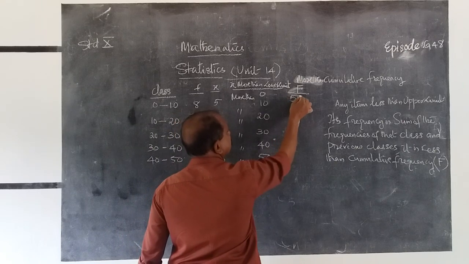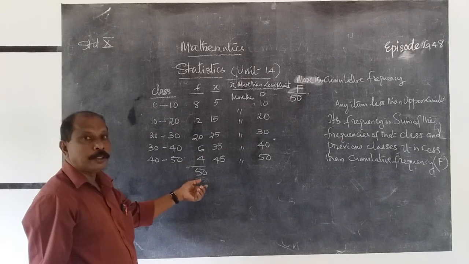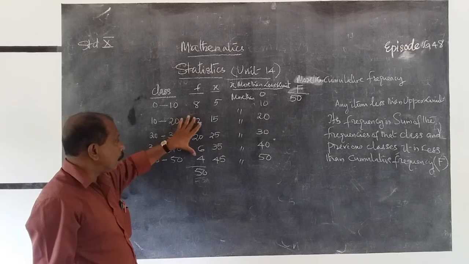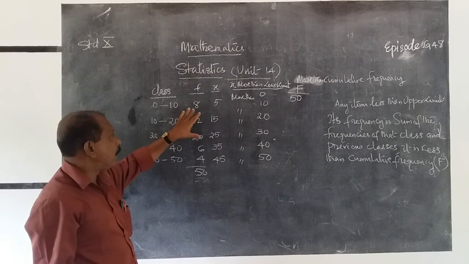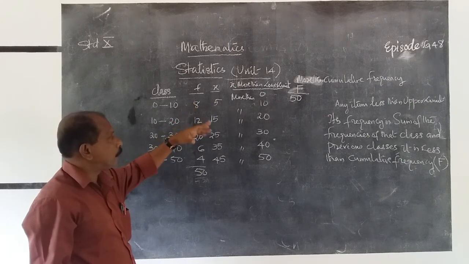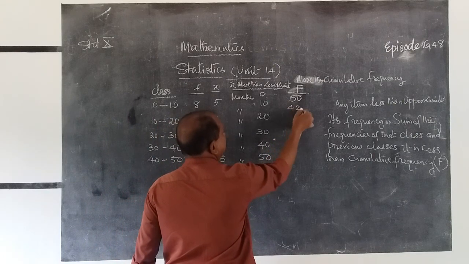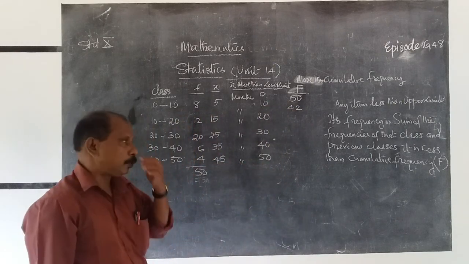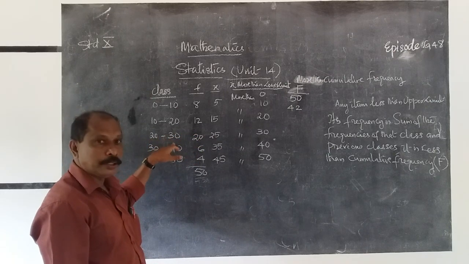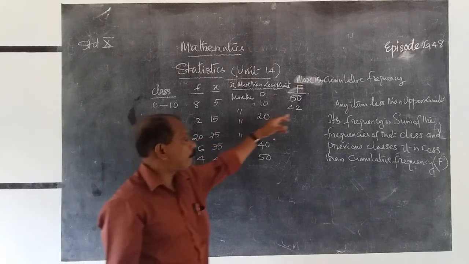That is 50. Then from 0 to 50, 50 numerical values. From 10 to 50, only these numerical values. That means eliminating or subtracting 8 from that total. Therefore, that is 50 minus 8, that is 42. That is more than 10 is 42. Then for the third one, that is more than 20, 12 is subtracted from 42.